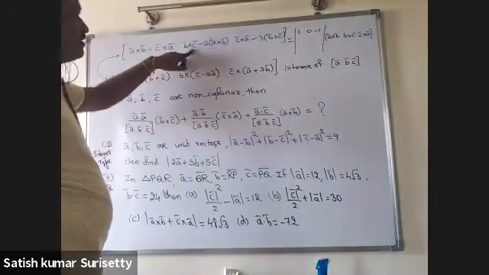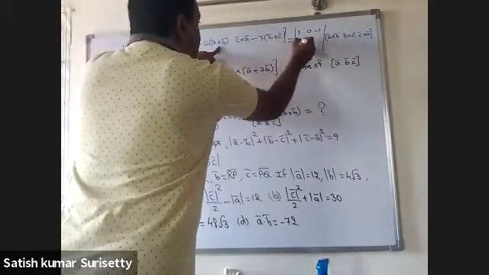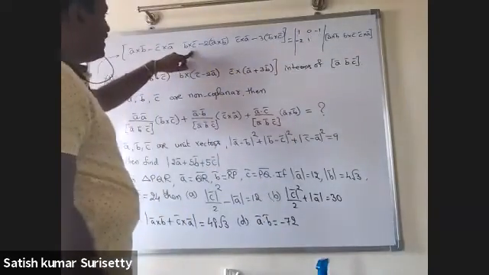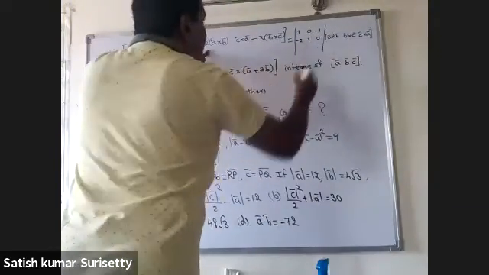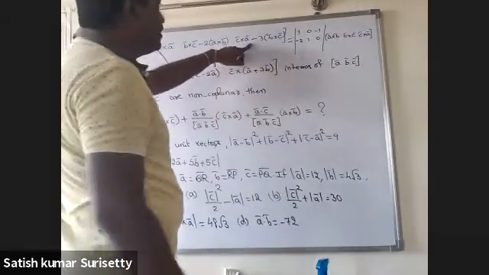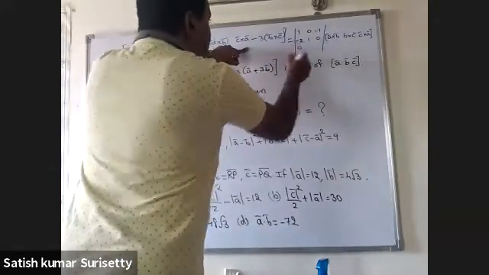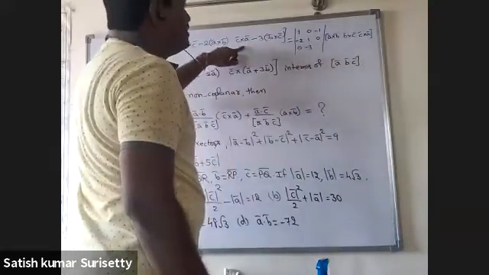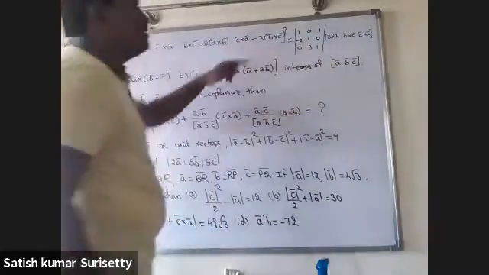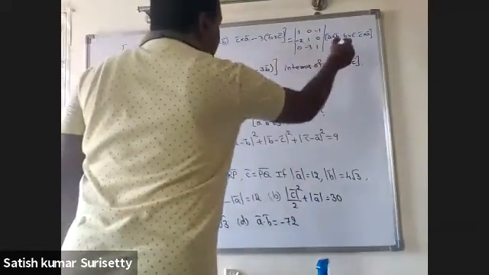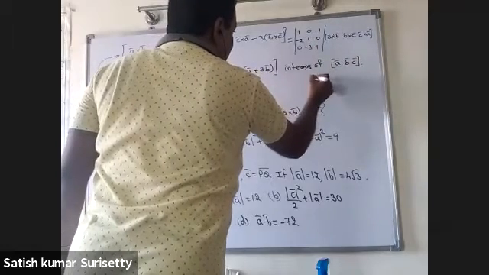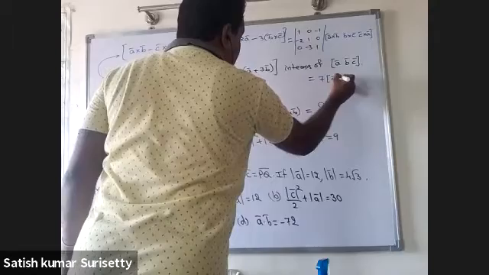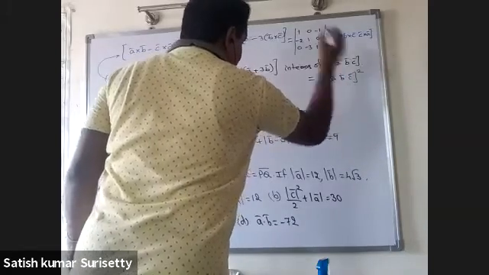Next, for the second row, a cross b minus 2, b cross c 1, c cross a 0. Third vector, there is no a cross b, so 0, b cross c minus 3 and c cross a 1. Now if you simplify this, you will get 7 into, and this is a property, 7 into scalar triple product of a bar, b bar, c bar whole square.